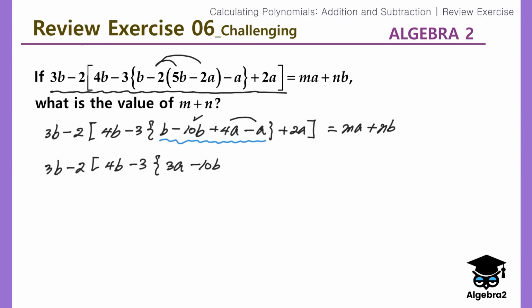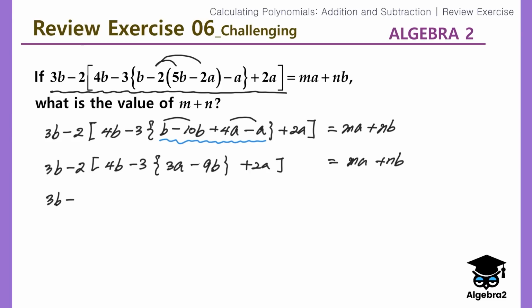So 1 minus 10, that's negative 9. So let's write minus 9b. Minus 9b, right? These two. Okay, we have plus 2a is equal to ma plus nb. So far so good.